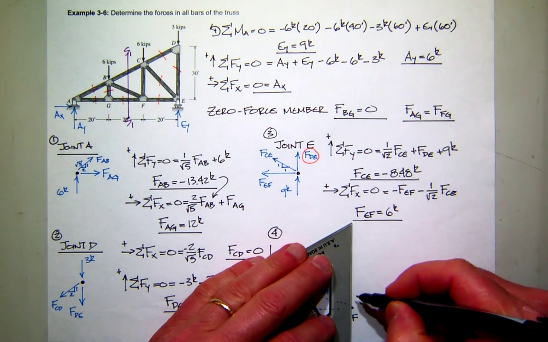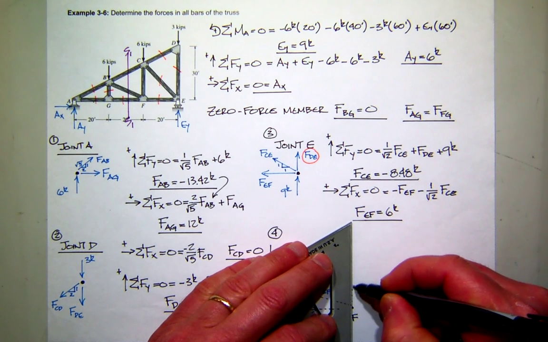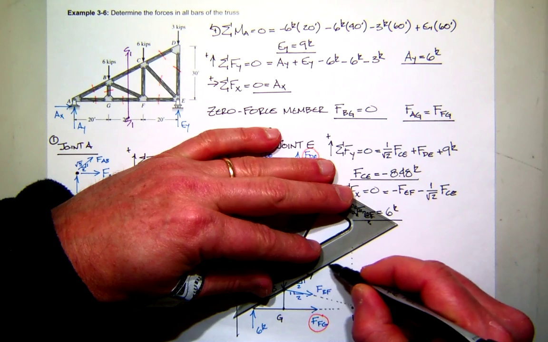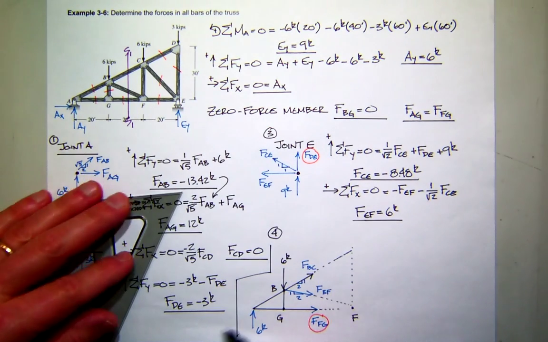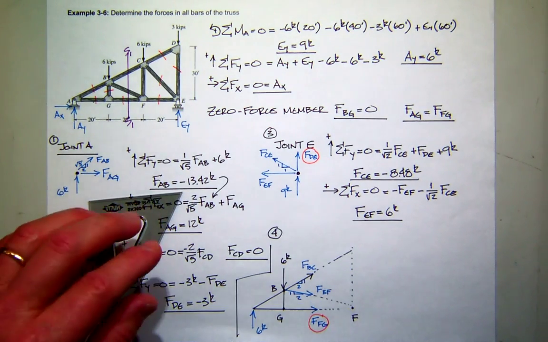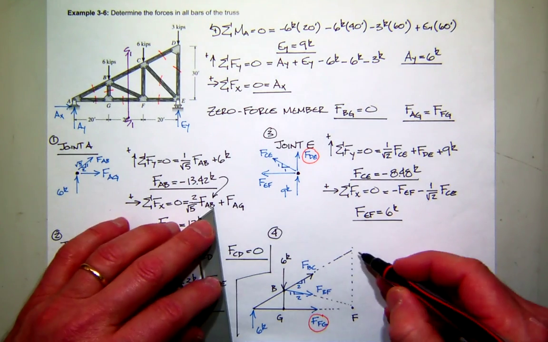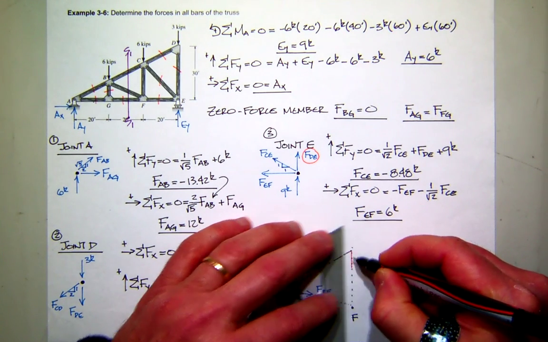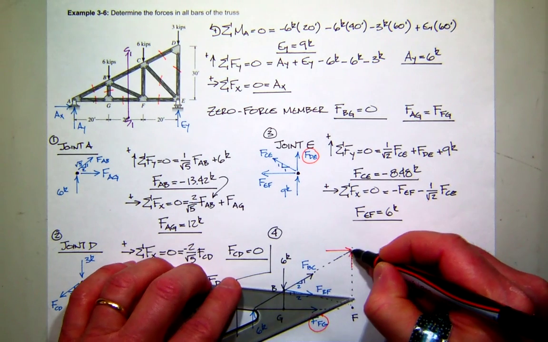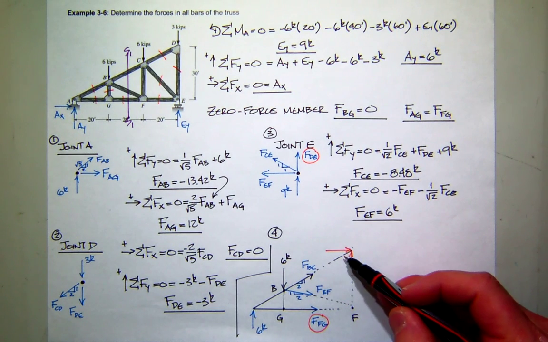Now, I want to show you this too. So if I go vertical, and move my force. Remember, this force is valid anywhere along the line of action. So what I'm going to do is slide it up here so that I'll have a horizontal and a vertical component. See that?